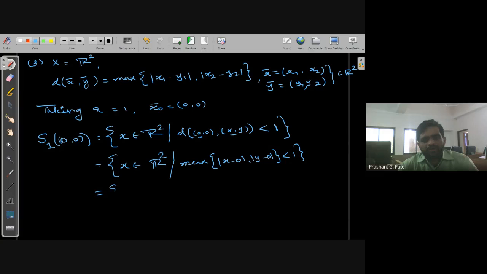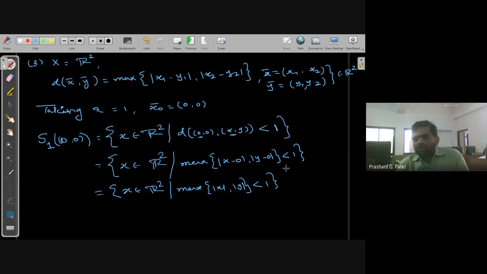So that's why it is the set of all points in R square such that the maximum of mod of x, mod of y is less than 1. This is the way to represent this open sphere of (0, 0) with radius 1.